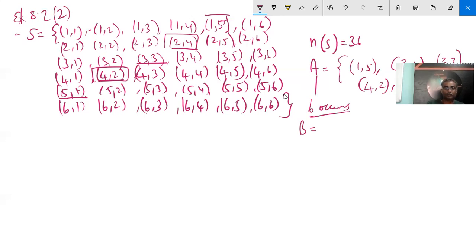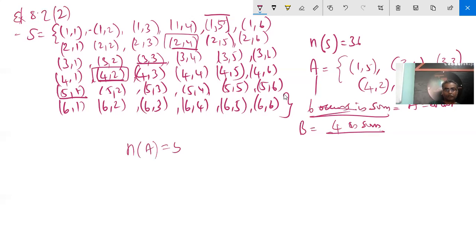Now, event B is that 4 occurs. Sum is 6 and 4 has appeared. This is event A. So n of event A is 5: 1, 2, 3, 4, 5.